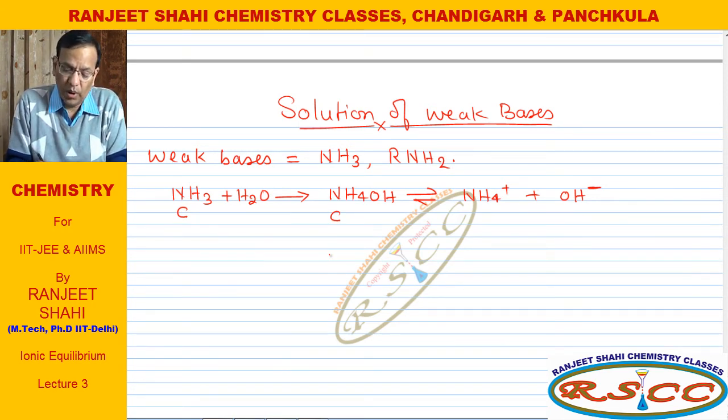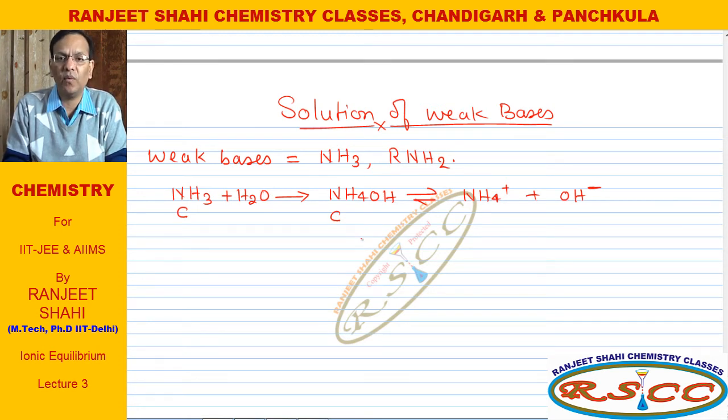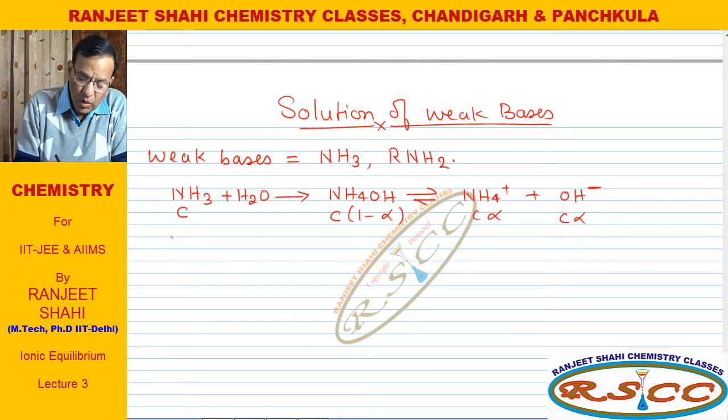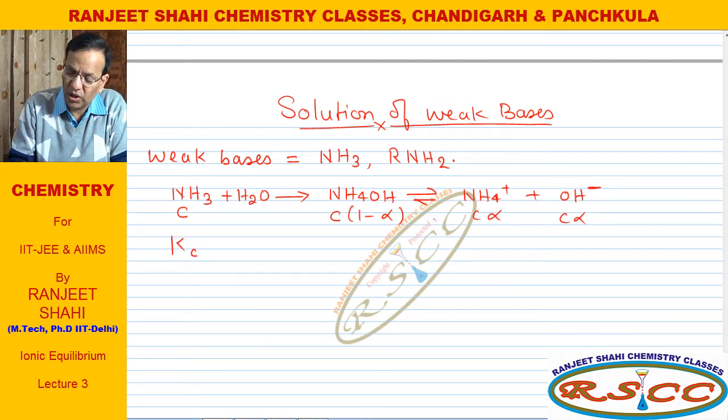Now repeating the same procedure, as in case of weak acid, if alpha is the degree of ionization of this weak base, C into 1 minus alpha will be equal to C alpha, C alpha. Now, if we define an equilibrium constant for this ionization process, Kc, it will be equal to the concentration of ammonium ion into the concentration of hydroxide ion upon the concentration of ammonium hydroxide.